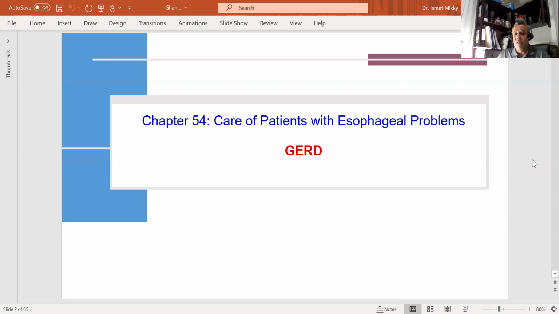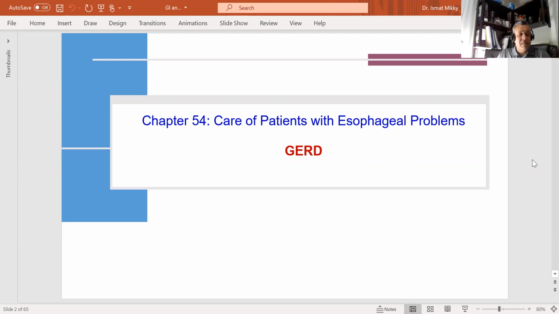So it's a very common disease. It can also be a common cause of hoarseness of the voice and chronic cough, and may mimic asthma.